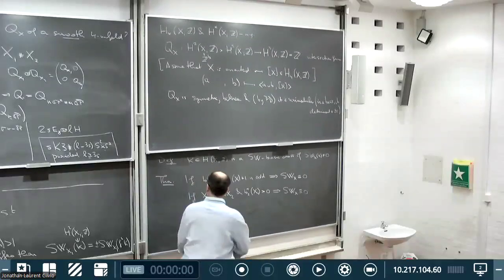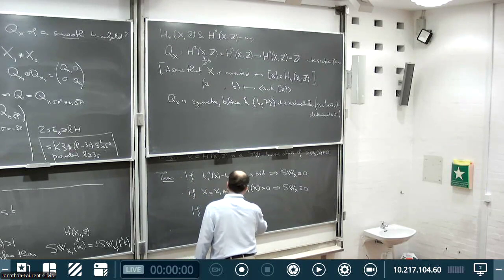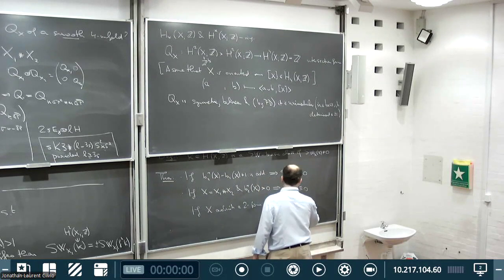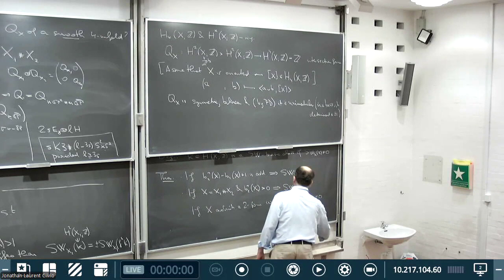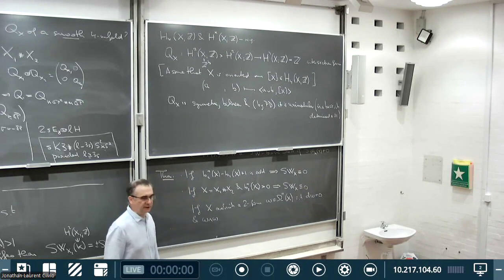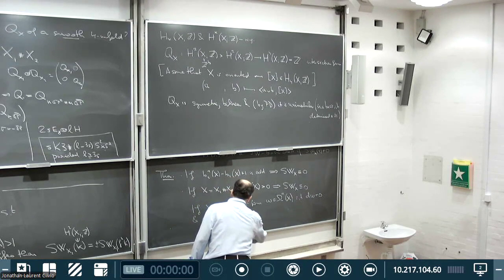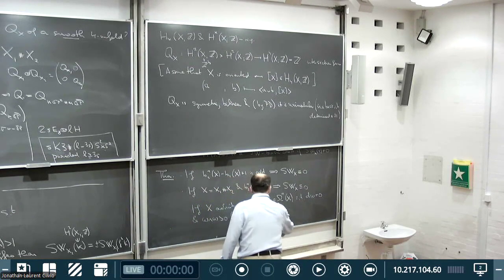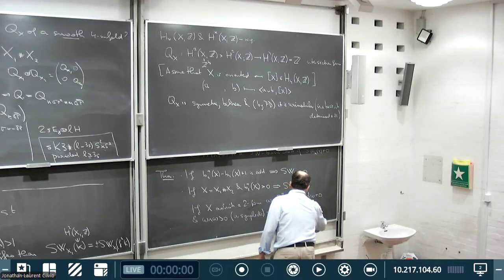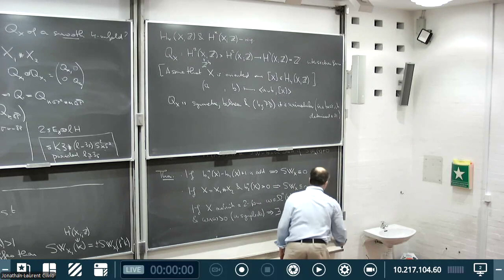And this is the last thing I would like to tell you today. If X admits a two-form omega such that it is closed and non-degenerate, so the four-form we get this way is always positive, so omega is a symplectic form, then there is a cohomology class such that the Seiberg-Witten of X is plus or minus 1.